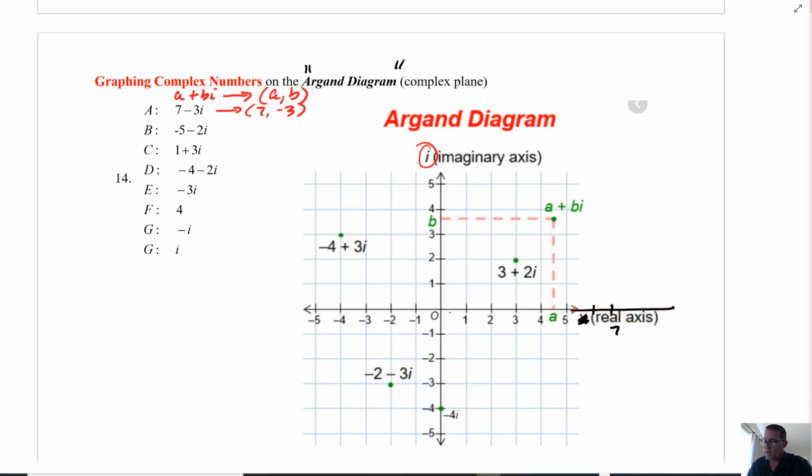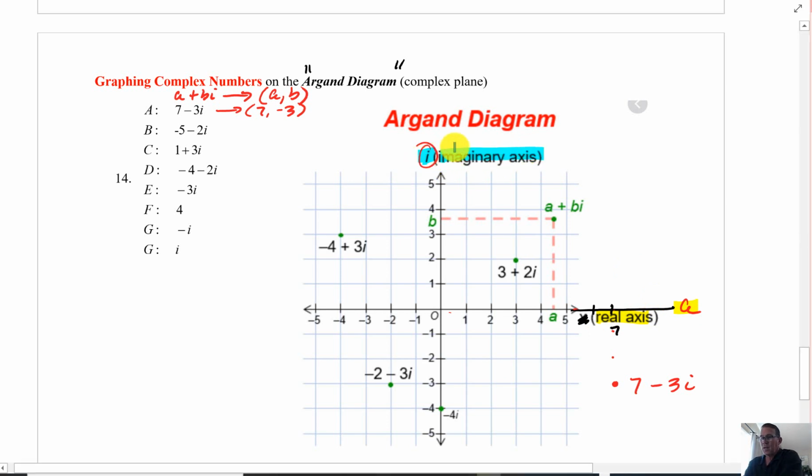Then we go 7 right and then down 3. There you go. That would be the position of 7 minus 3i, because we went right 7, down 3. And again, this is not the x-axis, it's the real axis, a in general, and then we've got the imaginary axis up here.